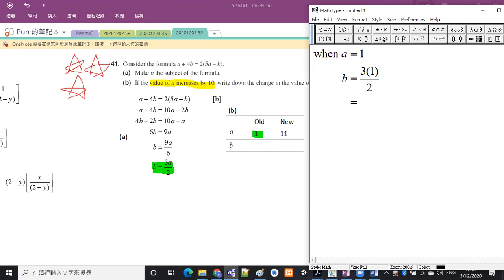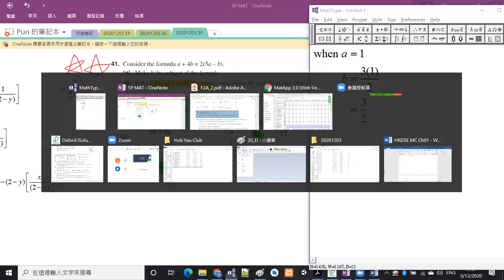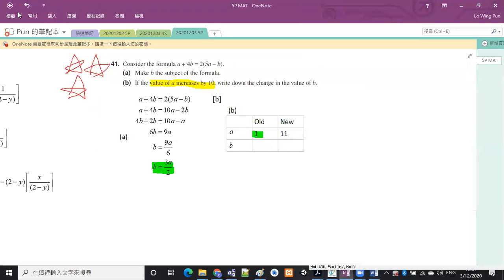That should be equal to 3 over 2. Okay, so the old value of B will be 3 over 2.